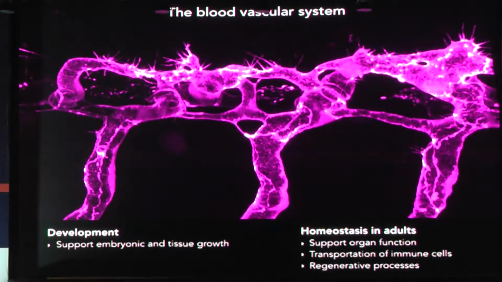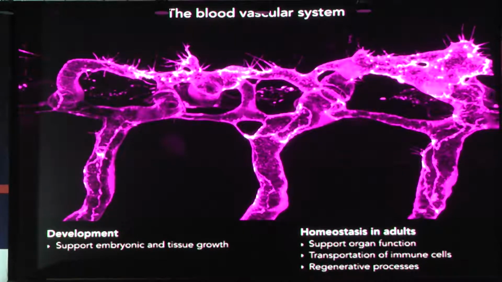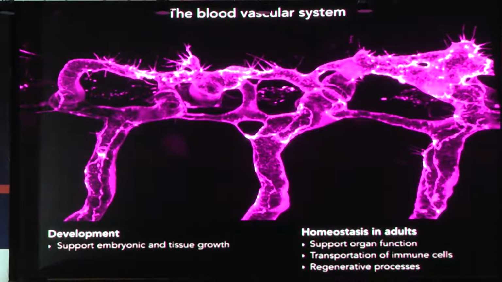And in the adults, blood vessels support homeostasis by catering for the metabolic demands of tissues and organs by bringing oxygen and metabolites. It also serves as a conduit through which immune cells are transported to sites of infection, and new blood vessels are also important in regenerative processes such as wound healing.